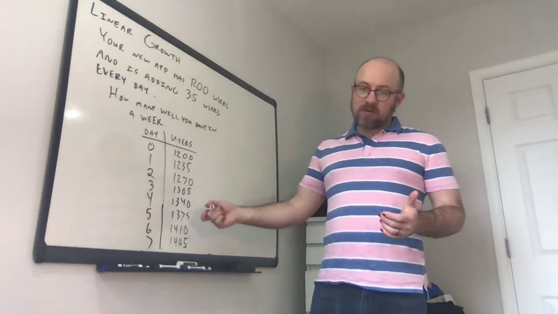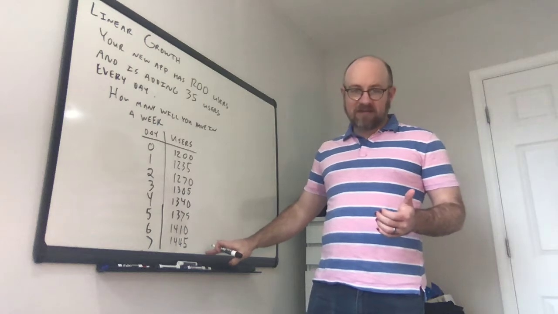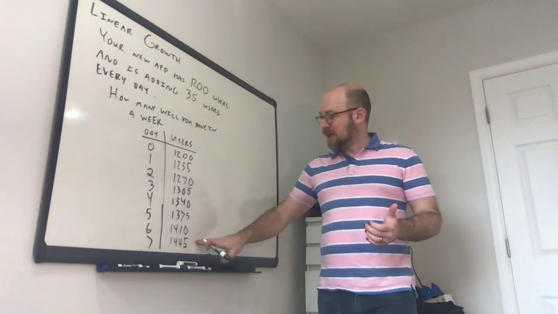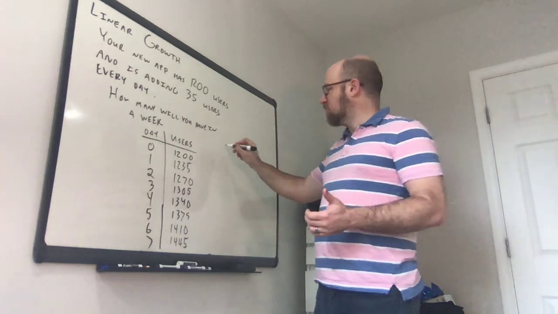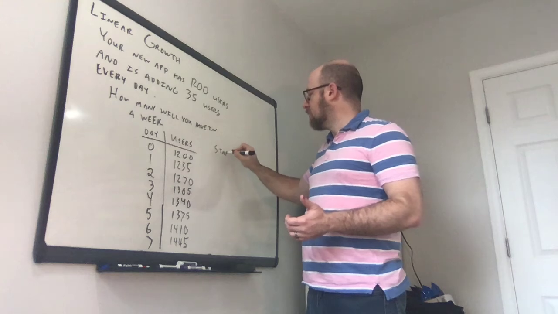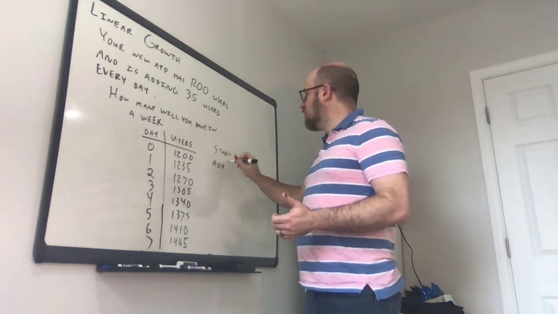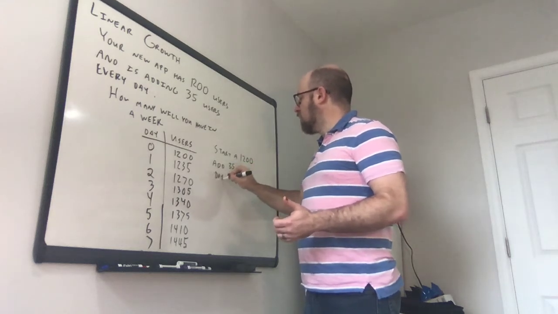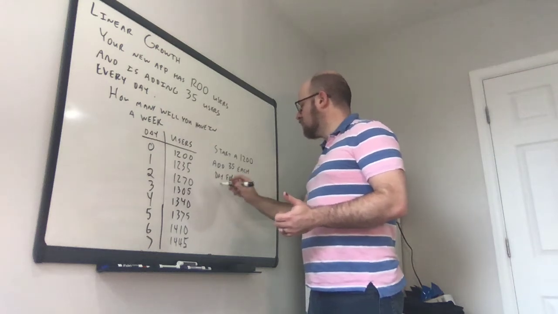So, the other approach that you can take that you can see here kind of immediately from this approach that we're taking here, well, you also could have said, okay, we're starting at 1,200. We add 35 each day for 7 days, right?